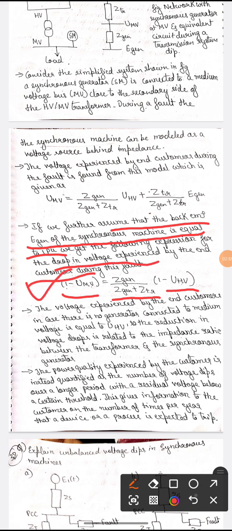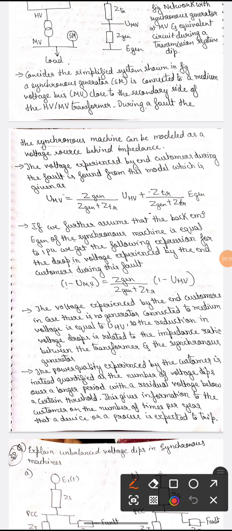The voltage experienced by the end customer, in case there is no generator connected to medium voltage, is equal to UHV.